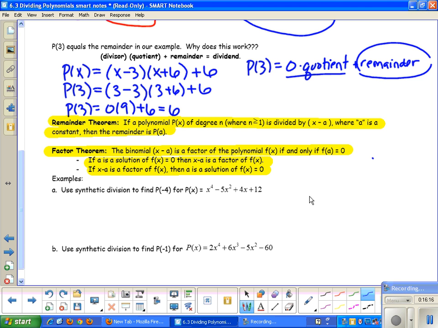So for this one, if it's p of -4, then if I write this as a linear factor, it would be x plus 4, because remember it's always x minus the number. So that means for my synthetic division, my box goes -4. And then we have 1, we're missing 0x cubed, so 1, 0, -5, 4, and 12.